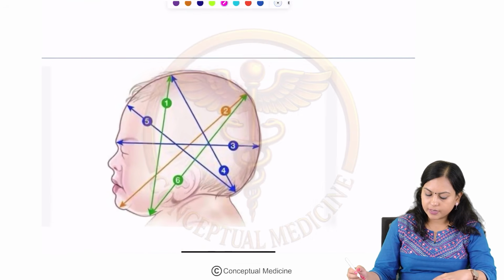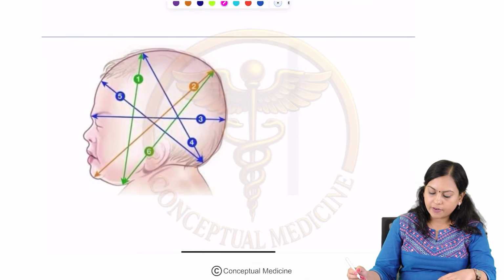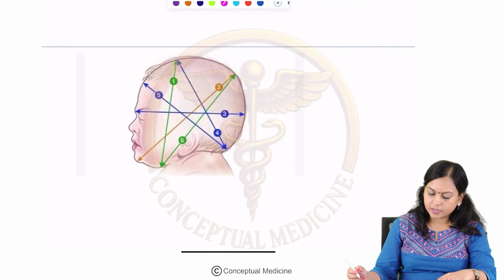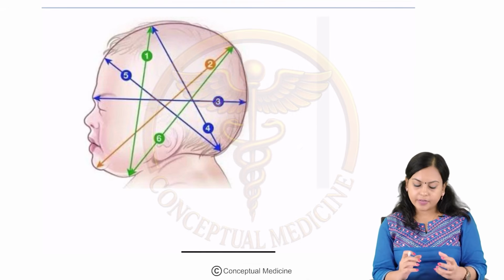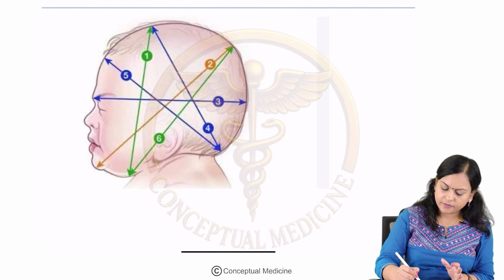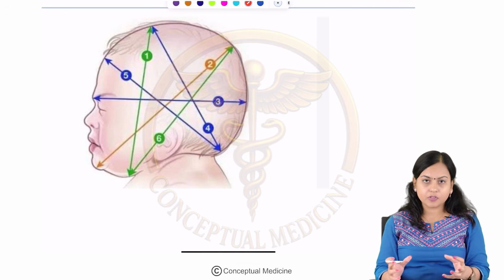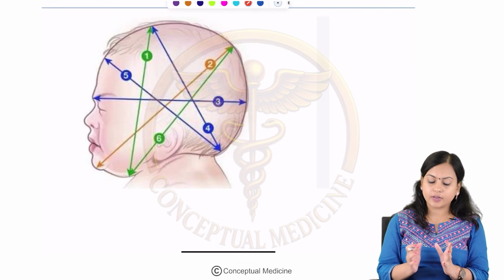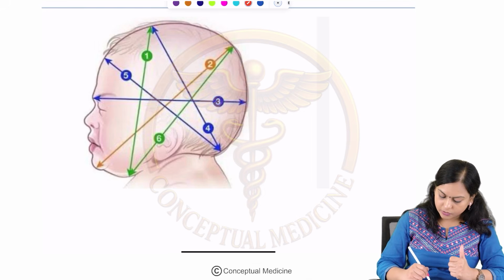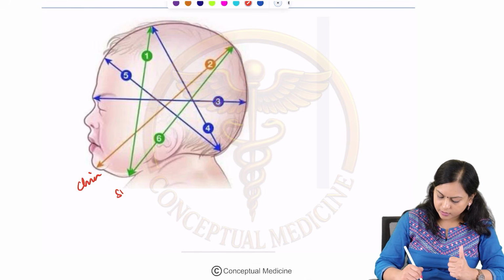Now, we will try to find out these diameters. Okay. We will try to find the various diameters in this picture now. First, what we have to do is identify the various landmarks of the fetal skull. Then it will be easy for us to identify the diameters as well. So, this is the chin. This is the submental region.